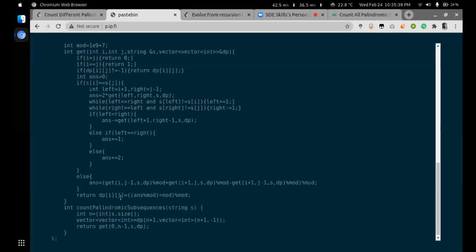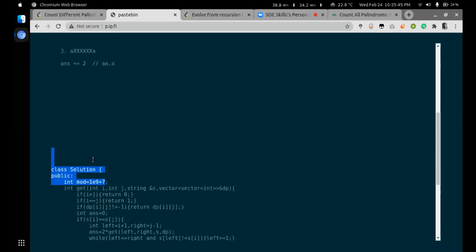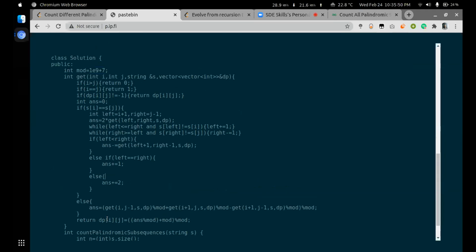So when returning the final answer, I first add mod, where mod is 10 to the power 9 plus 7, as mentioned in the question, and then take the total modulus. This makes sure the final answer is always positive and lies from 0 to 10 to the power 9 plus 7 minus 1.